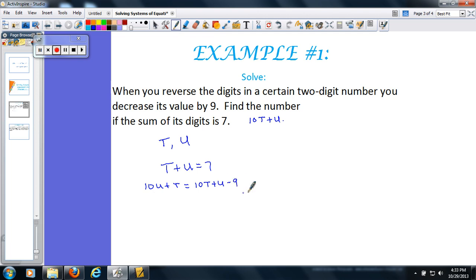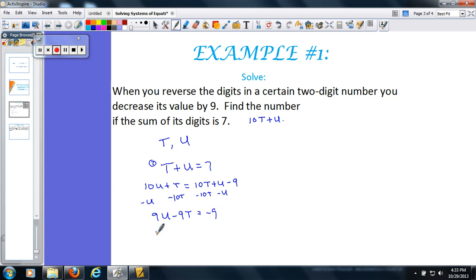First I'm going to take this equation and simplify it so that it's similar to our first equation. So that's 10u plus t equals 10t plus u. Actually, I don't need to do that because that's just rewriting it. So let's move the variables over. I'm going to subtract 10t and subtract u on both sides, and I get 9u minus 9t equals negative 9.